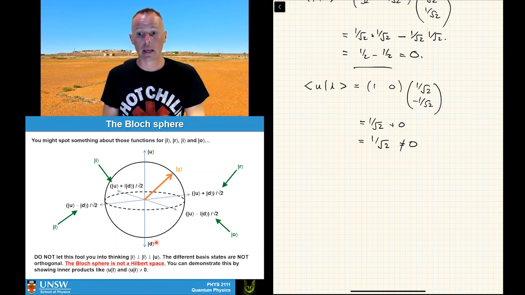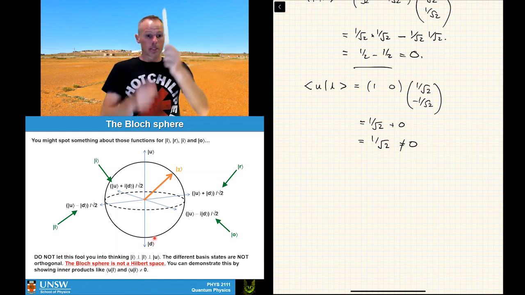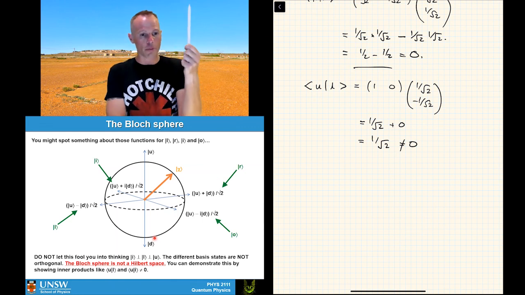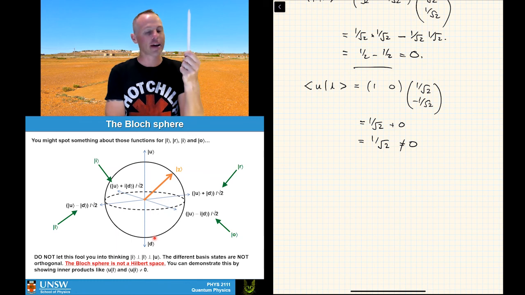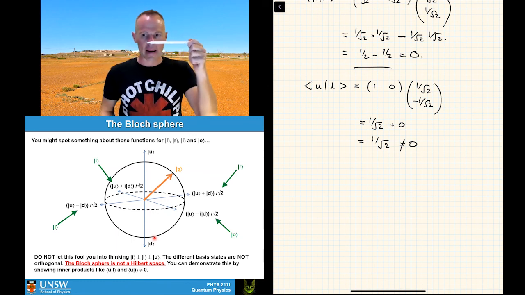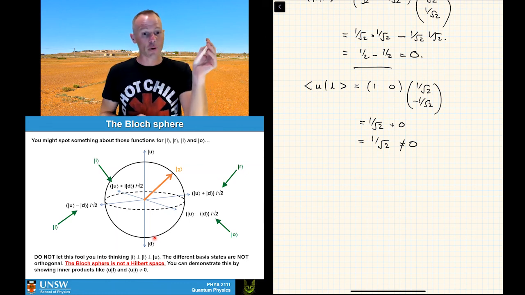So you can imagine here, for example, taking a spin that you start in an up state, and if you do quantum computing courses, you'll learn about this sort of thing. Start with spin in an up state, then you do something that maybe tips it into the plane, so it's able to move, and then you might give it a kick so that it can rotate around through, you know, left and right states.